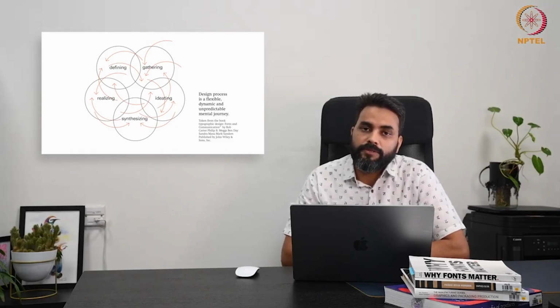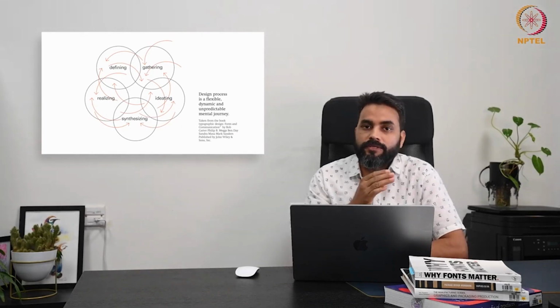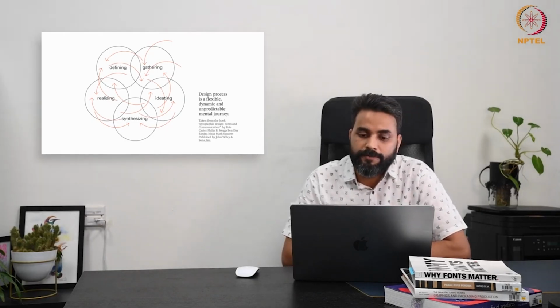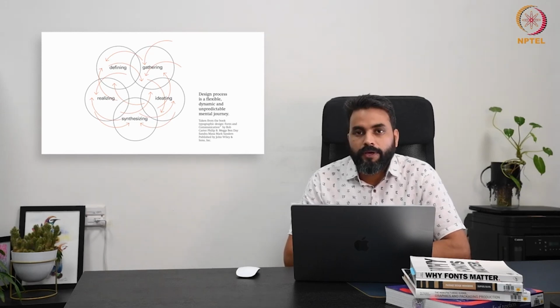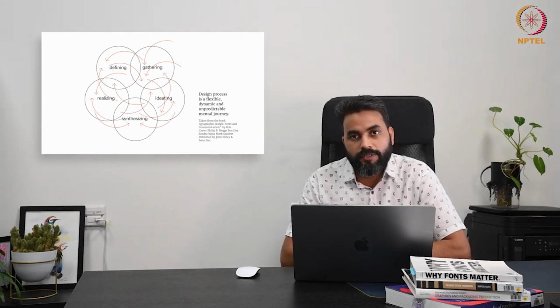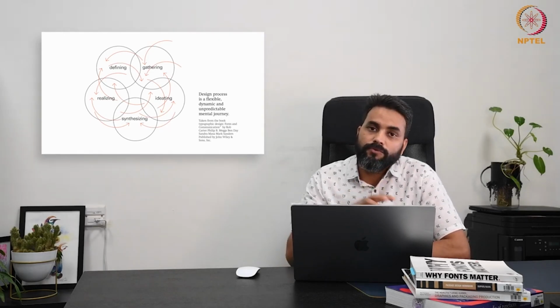In the previous sessions, when we discussed the design process, many times it was just a linear process where we discussed one step followed by another, and then finally you reach the final stage. In this model, which is visible on the screen, it is a very flexible, dynamic, and unpredictable model which explains the journey which design brings. There is a lot of overlapping between each stage.